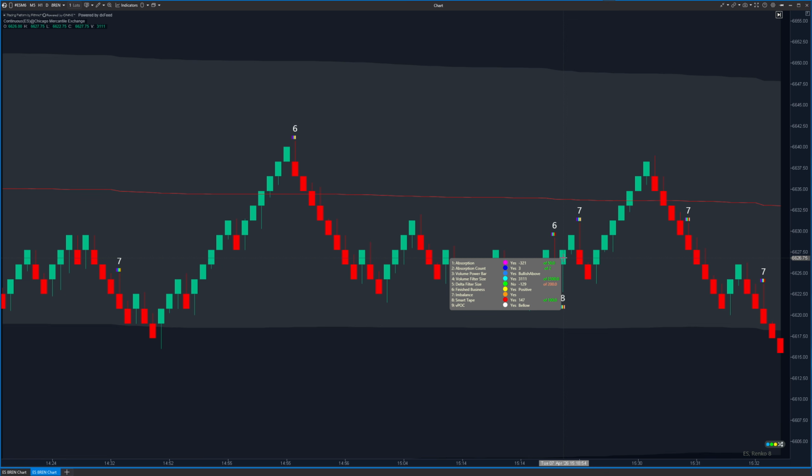Then I use the power bar, which is the third condition, which uses the relative volume. Then I use the fourth filter for the absolute volume. I want to see the Renko with a volume of at least 2,500 contracts. This candle was 3,111.